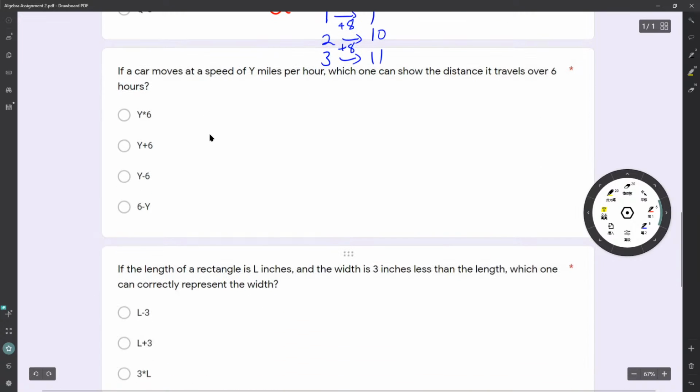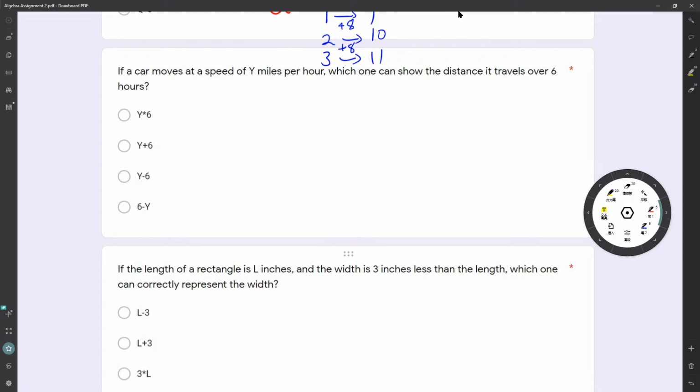And if a car moves at a speed of y miles per hour, which one can show the distance if it travels over 6 hours? Okay, here we are getting to a problem that we might encounter. A car moves at a speed of y miles per hour. Which one shows the distance over 6 hours?